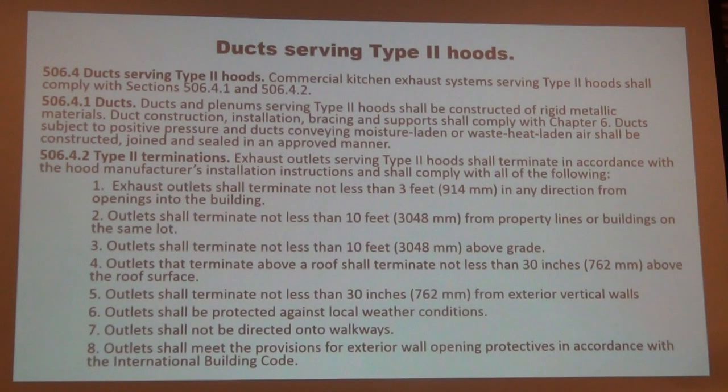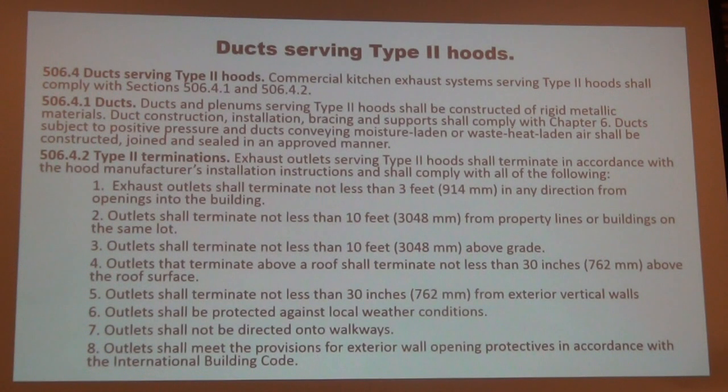Outlets shall terminate not less than 10 feet above grade. And outlets shall terminate not less than 30 inches above the roof surface, and not less than 30 inches from vertical walls. Outlets should be protected from local conditions, and should not be directed into walkways.